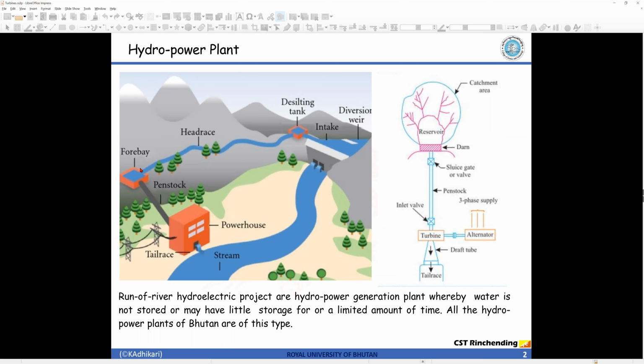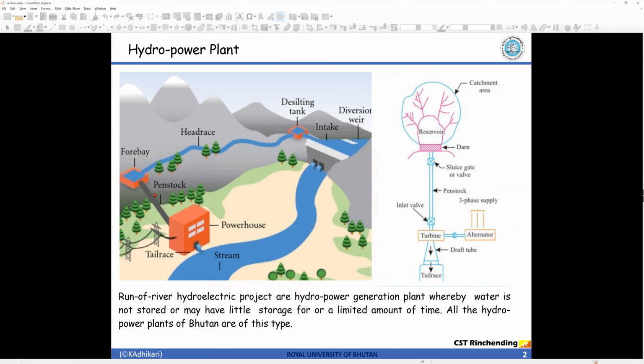Then there is a forebay. In our case, we don't have a forebay for most of the hydropower plants. Instead, we have a surge tank. For now, just understand it is a temporary storage of water. It has different functions, which we are going to discuss later. From there, the water comes to the powerhouse. This is where it will house the turbine.